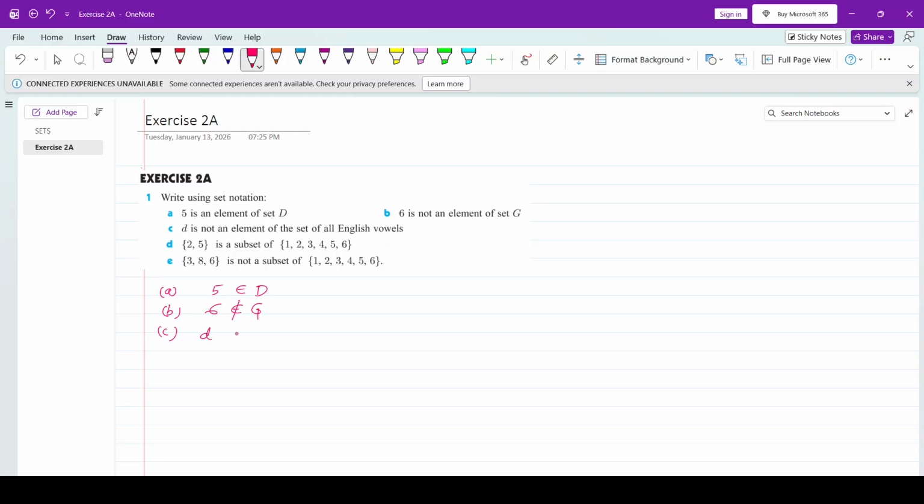So D is not an element of a set. Which set? A set containing all the vowels A, E, I, O, U.